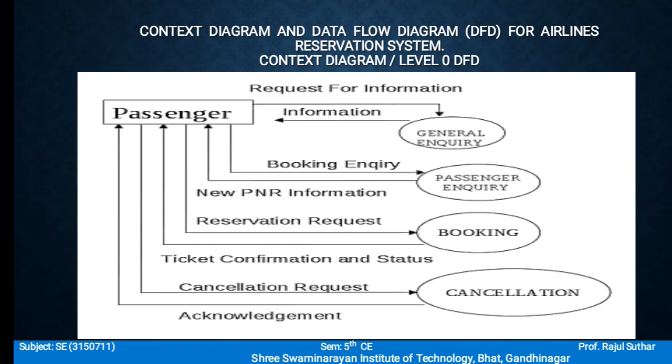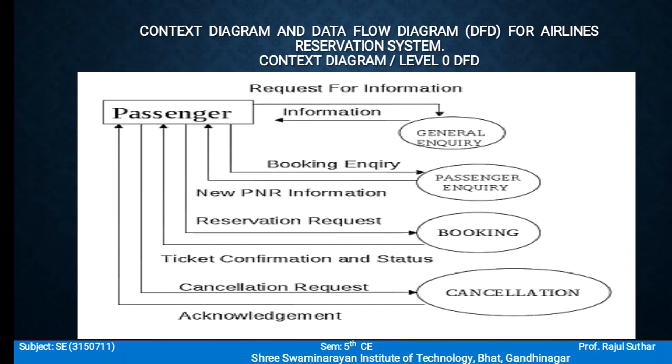Then the reply arrow indicates the new PNR information, as well as the passenger's request for the reservation booking. It replies with the ticket confirmation and its status. So each and every request has its reply or acknowledgement.